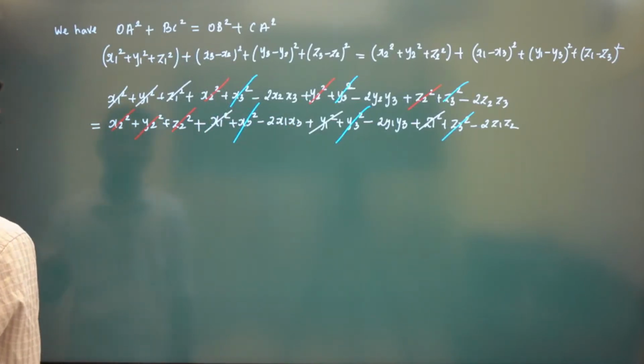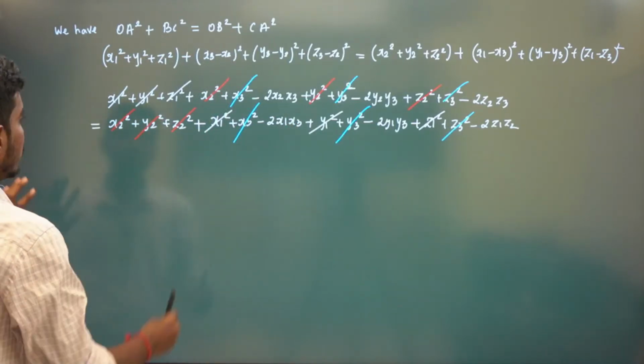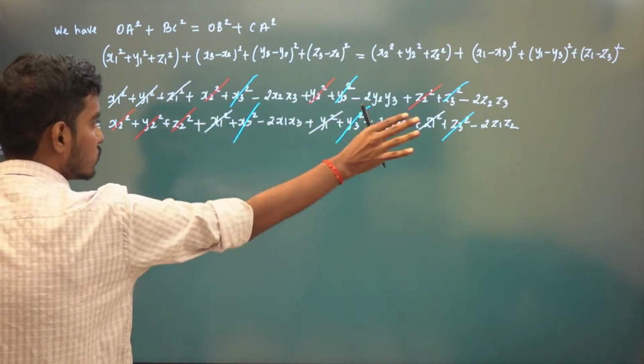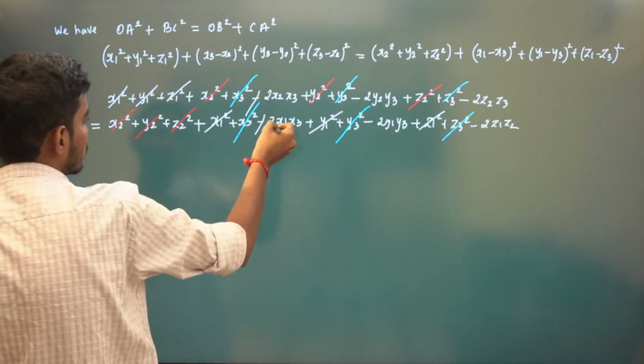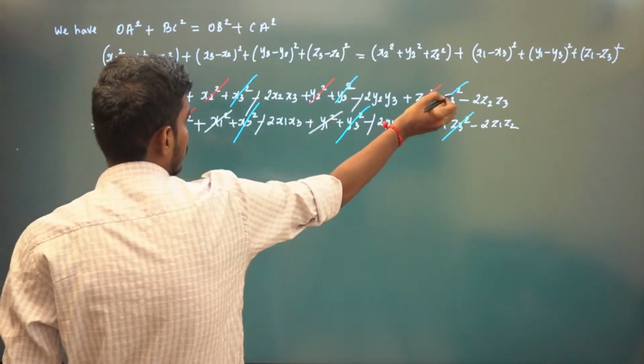Okay. Now, see, here minus minus minus, here also minus minus minus. So all will get cancelled, right? This minus minus, this minus minus, this minus minus will get cancelled.